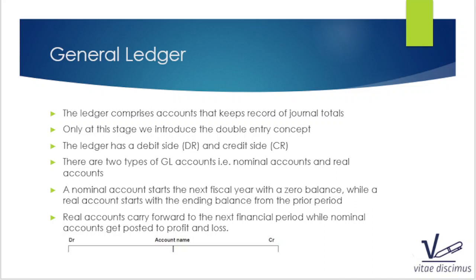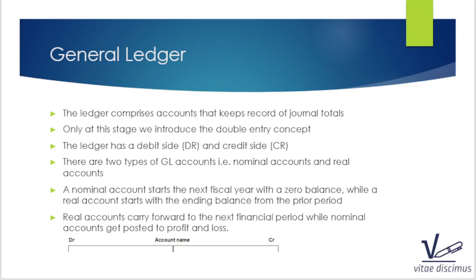At this stage, that's when we introduce the concept of double entry. A general ledger account is made up of a debit side and a credit side. There are two types of general ledger accounts, that is nominal accounts and real accounts.